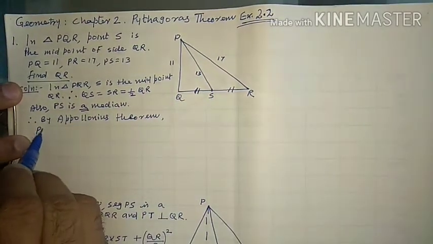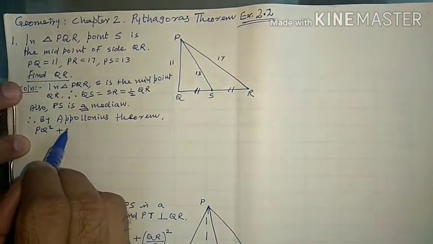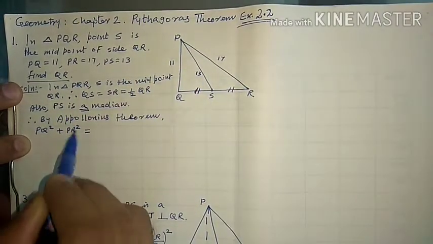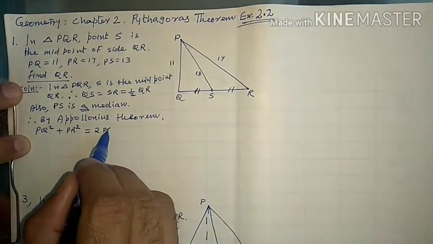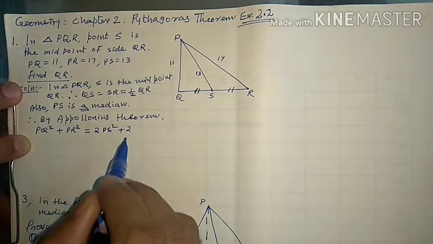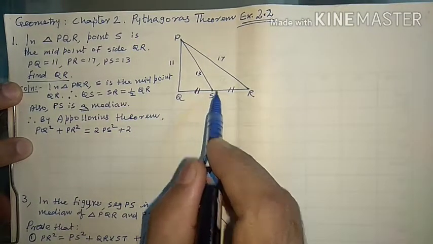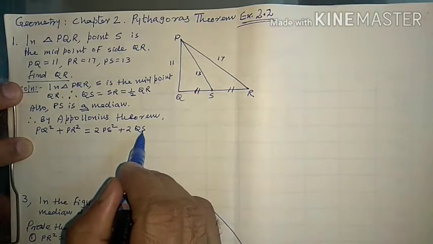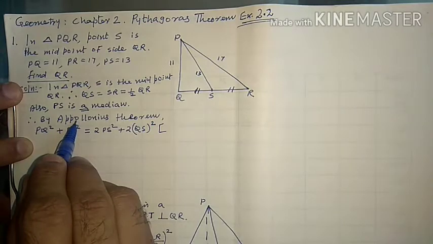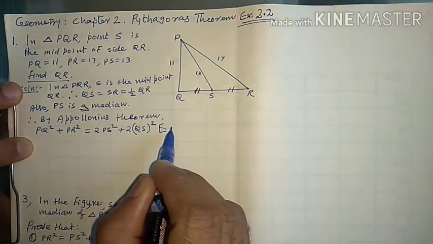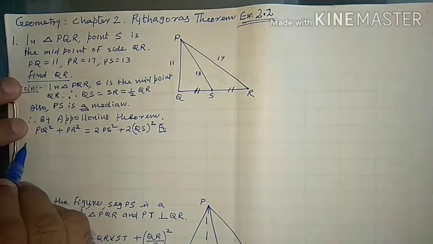So here PQ square plus PR square equal to 2 times PS square plus 2 times this QS square. This is by Apollonius theorem, already we said, so we need not give the reason further.